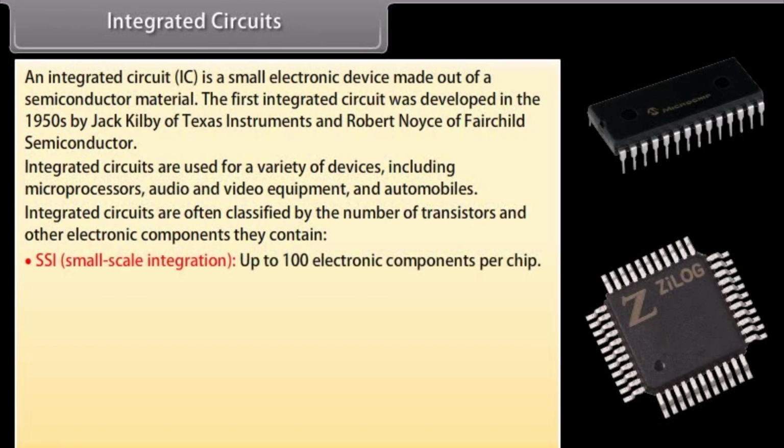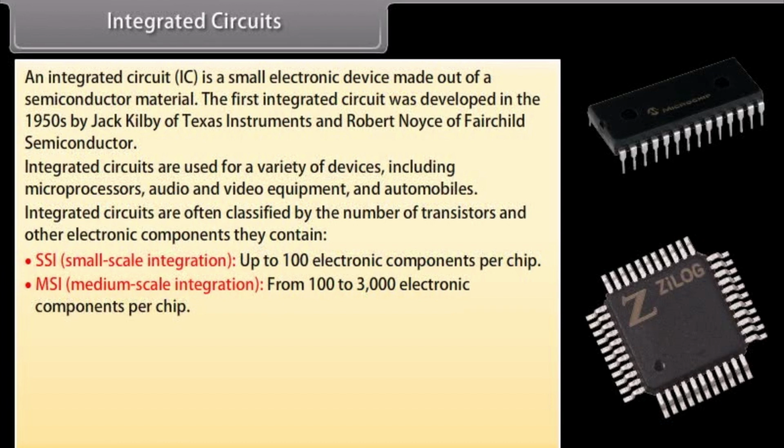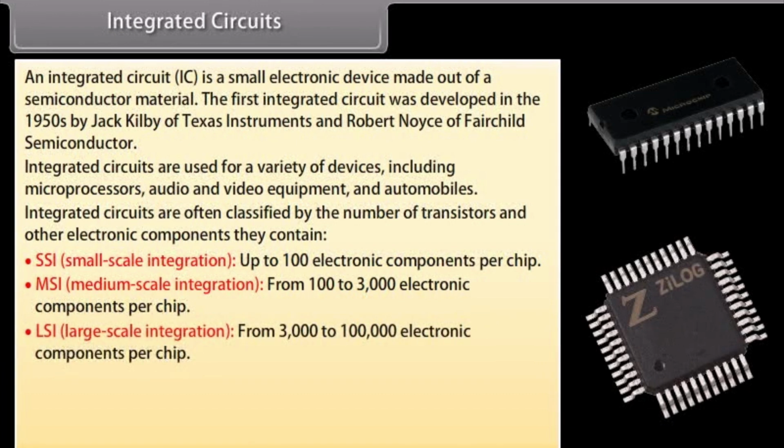SSI, small scale integration, up to 100 electronic components per chip. MSI, medium scale integration, from 100 to 3000 electronic components per chip. LSI, large-scale integration, from 3000 to 1 lakh electronic components per chip.